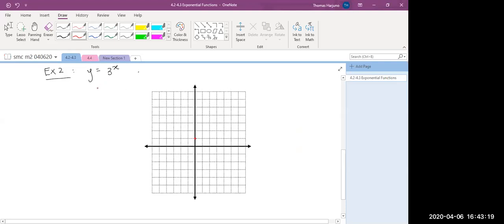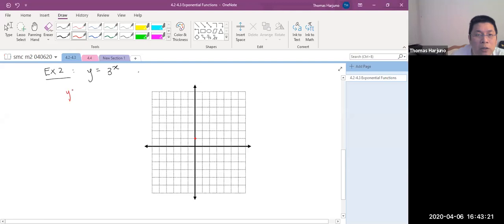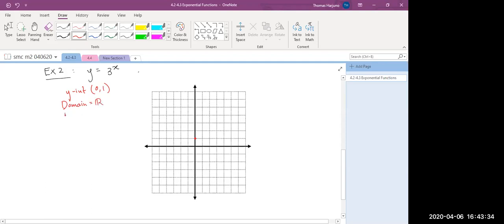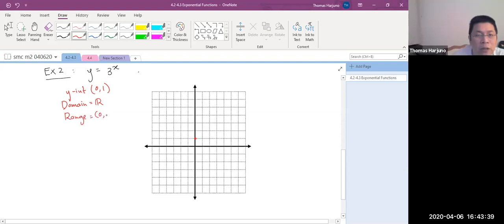When x equals 0, that's (0, 1). Now the domain, because that's an exponential function, is all real numbers. The range will be 0 to infinity, and the asymptote will be y equals 0.